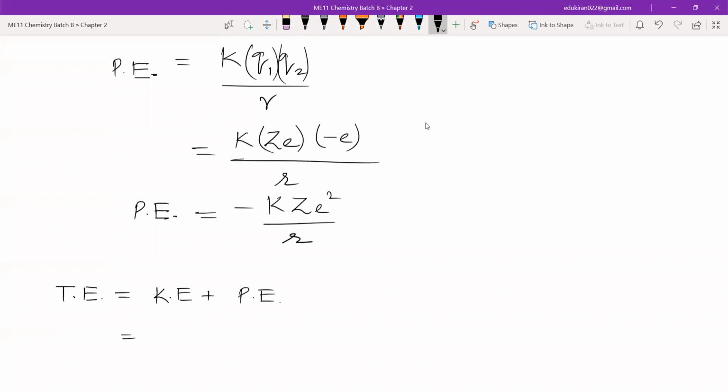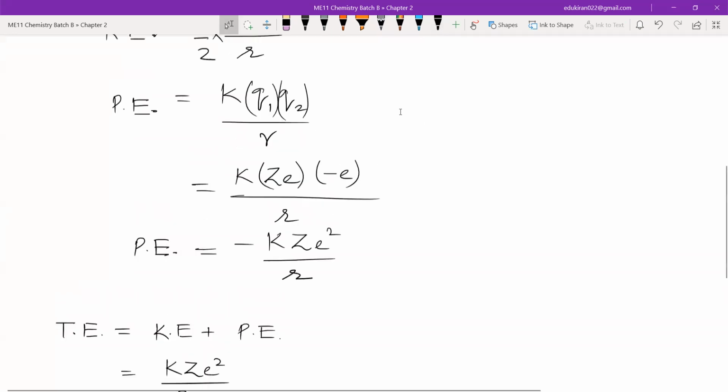So kinetic energy is equal to how much? Kinetic energy is equal to KZe² upon 2R, right? Because it was 1 by 2 here.